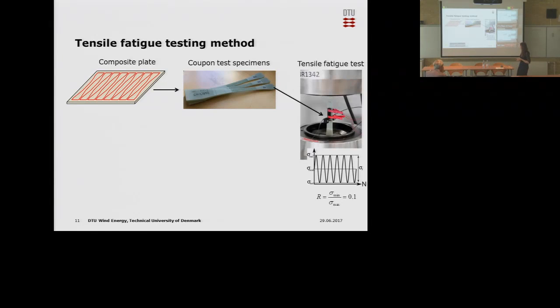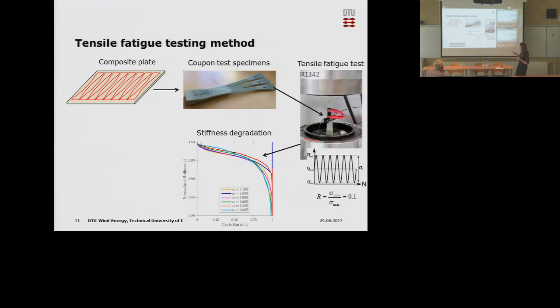And then you perform these fatigue tests. In this case, a tensile fatigue test, where the ratio between the minimum and the maximum load is 0.1. That's the case I consider, but you can also test for other cases. And with a sinusoidal wave shape.